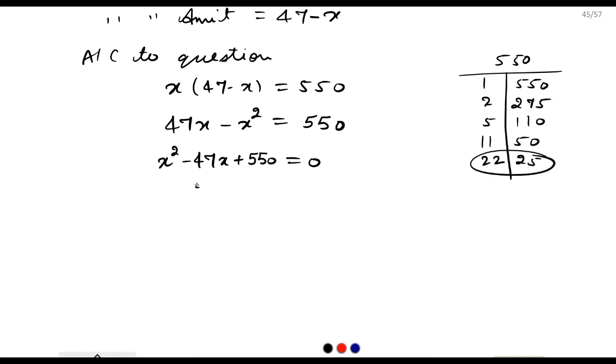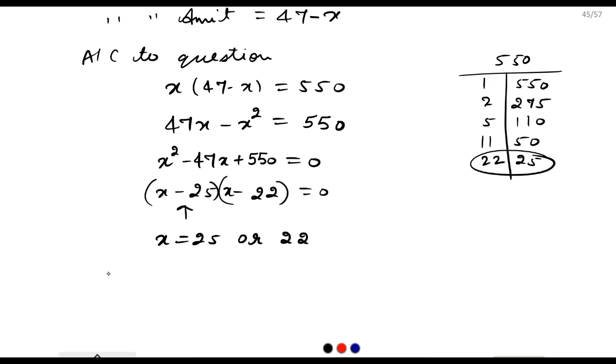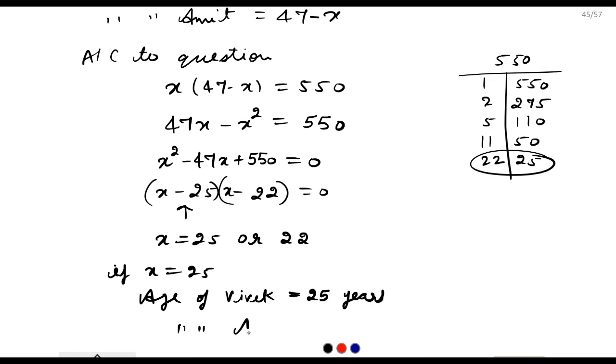Required numbers are 25 and 22, and these are the required factors. If first bracket is 0, then x is equal to 25, and if second is 0, then x is equal to 22. If x is equal to 25, it means age of Vivek is 25 years and age of Amit is 47 minus 25, means 22 years.